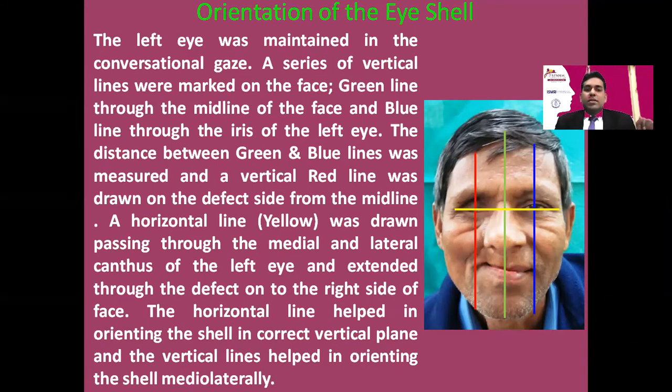Then a horizontal yellow line, passing through the medial and lateral canthus of the left eye, was extended through the defect on the right side of the face. This horizontal line helps in orienting the eye shell in the correct vertical plane, and the vertical lines drawn on the face, the red, green and blue, help in orienting the shell mediolaterally.